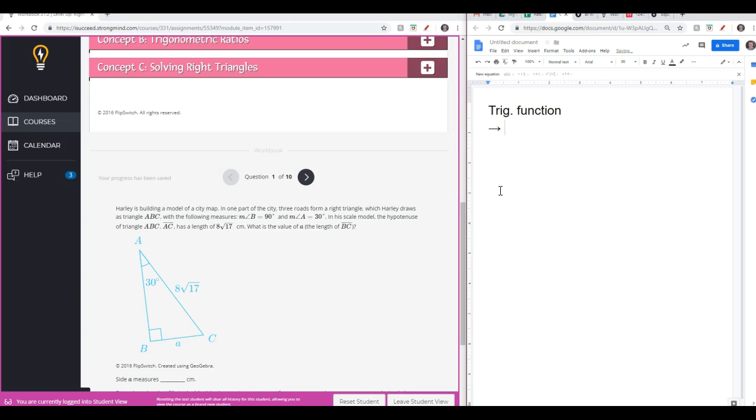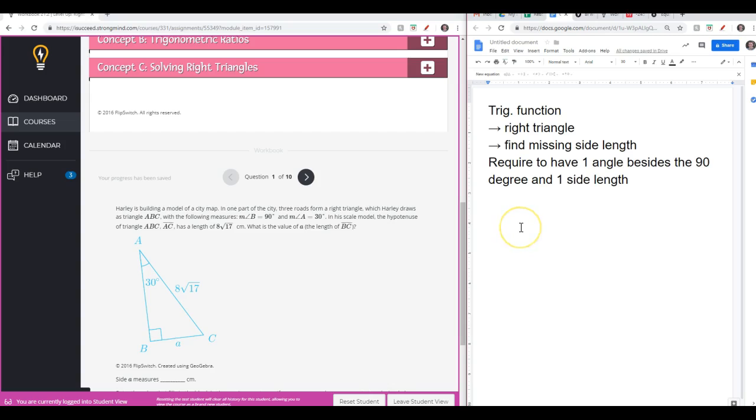It has to be in a right triangle, and you're using them to find a missing side length. You also require to have one angle besides the 90-degree angle and one side length.